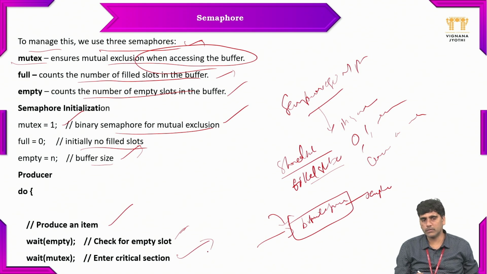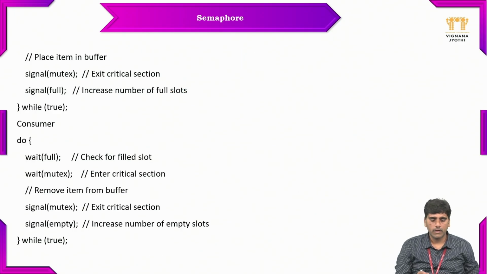According to the mutex process, one process is ready to enter into the critical section and the other process waits. After finishing the critical section, it must exit, then the other process can enter. So for producing, these two operations are performed, and now place the item in the buffer. Now we got empty slots, and we call the producer.